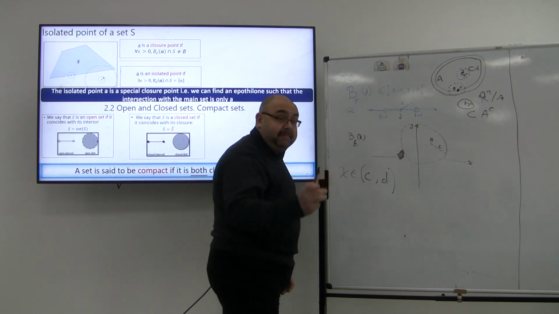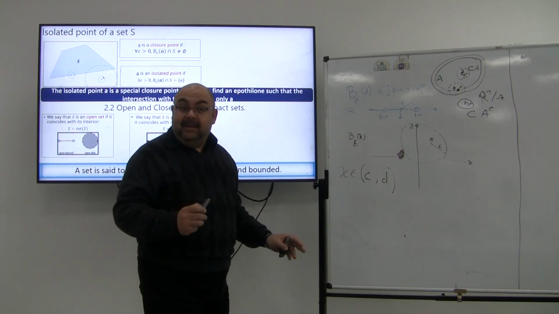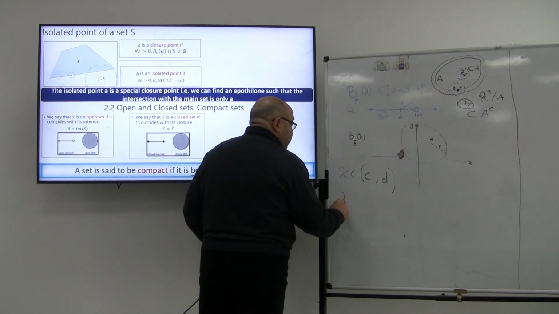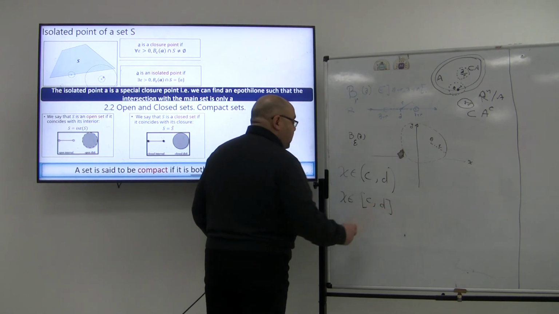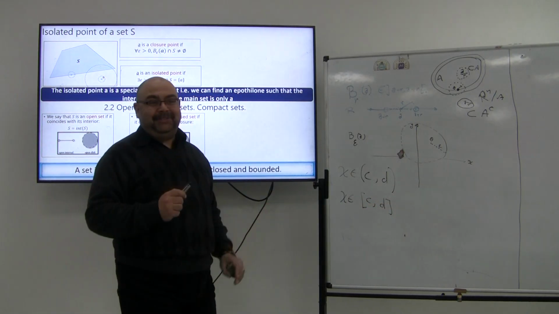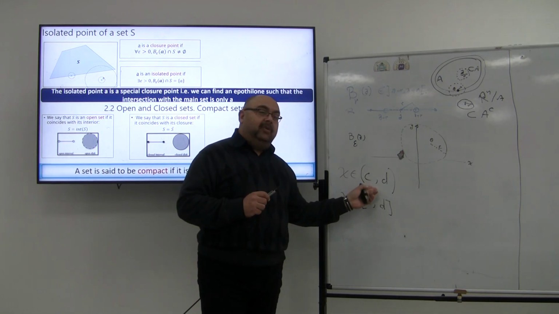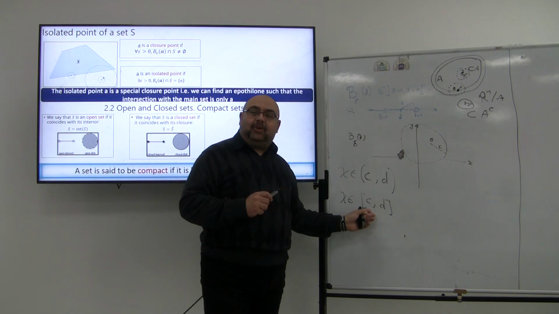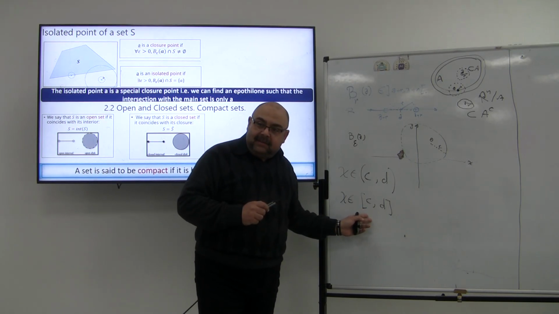In this case it is bounded, bounded by C and D. And I can also say that x belongs to the closed interval [C, D]. It's also bounded. You understand what I'm saying? But this set is an open set, and that set is a closed set. So actually that's a compact set.